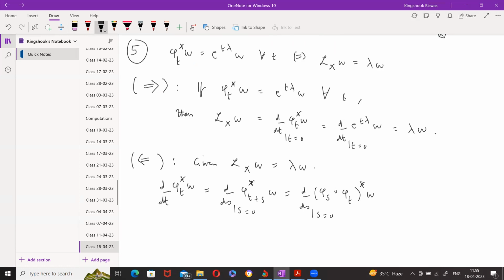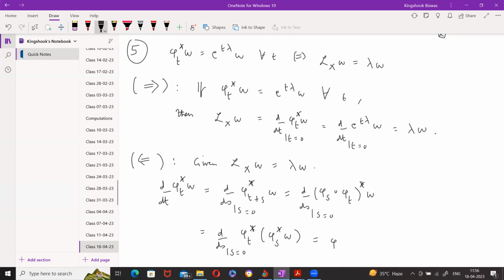And then pullback is contravariant. So I'll get phi t star on the left-hand side, acting on phi s star of omega. And now phi t star is a linear map, so it will commute with the derivative.